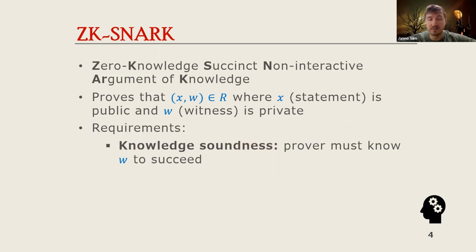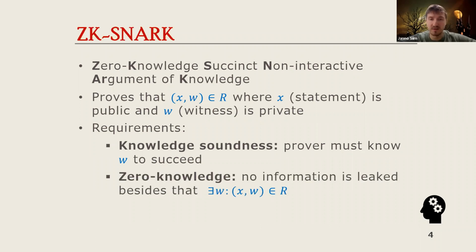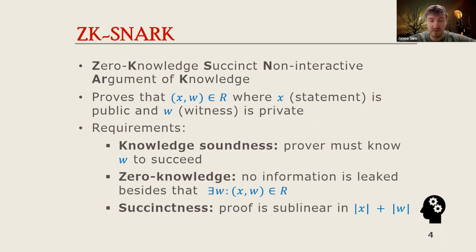We require that the argument system has knowledge soundness, which means that the prover must know the witness W to succeed. We require zero knowledge, which means that the only information leaked is that X and W satisfy the relation, but we will not leak, for example, W. We also require succinctness, which means that the proof size is sublinear in the size of the statement and the witness.